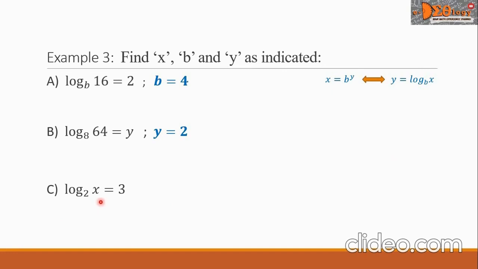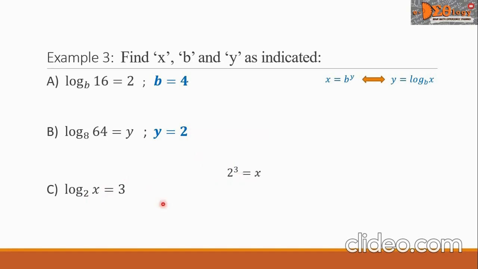I will go now to problem C. The log of x to base 2 equals 3, and I will find the x. I will now write the equivalent exponential form of letter C, and that is 2 cubed equals x. Again, the log with base 2, I will copy that number 2 here as the base also of the exponent. The number 3 is the exponent itself. So that is 2 raised to 3.